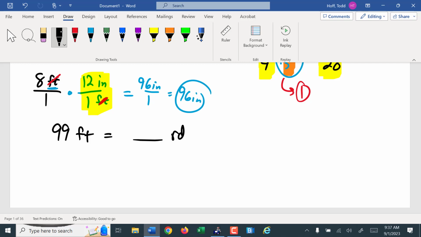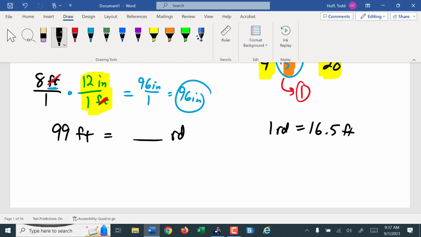Most of your property surveys are done in rods and chains. So a rod is 16.5 feet.